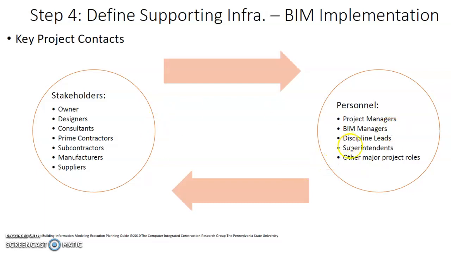Who will be designated as the discipline lead. Who will be the superintendent or other major project role, so that everybody knows who is responsible for what, and they will know who to approach for information or for guidance. That is very important. So we call it the key project context.